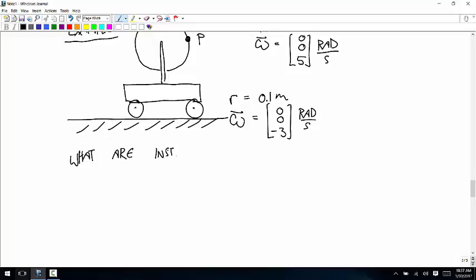What are the instantaneous velocity and acceleration vectors of the point P?